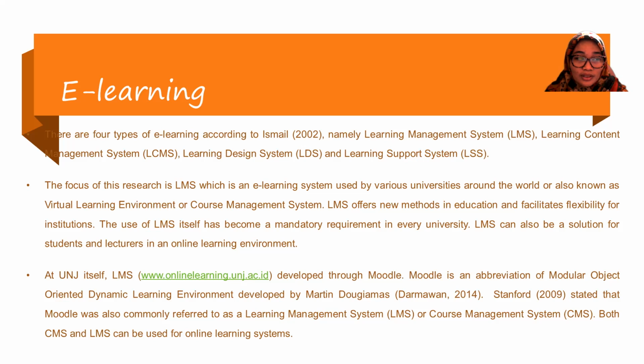We can also say that it is a virtual learning environment or course management system. Why? Because this LMS offers a new method in education and can facilitate flexibility for the institution. And the use of LMS itself has become a mandatory requirement in every university.